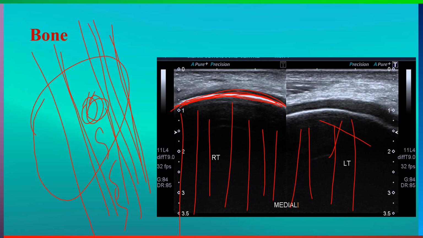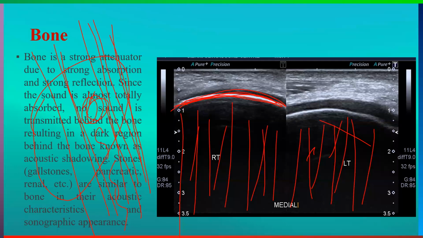This is a posterior acoustic shadow. The same way, this is also a shadow because no sound waves are going to this area. No echoes are coming from that region. That's why it appears black and anechoic, and this is due to absorption of the sound waves.